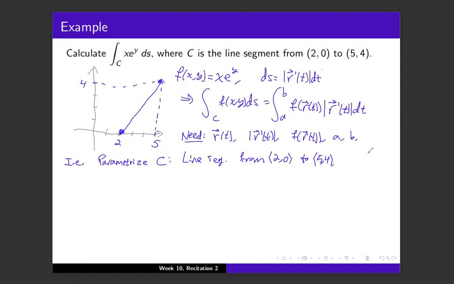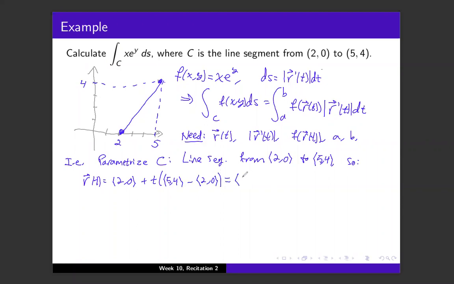And there's a standard way of parameterizing that. The standard way is saying that r of t is equal to (2, 0) plus t times (5, 4) minus (2, 0).